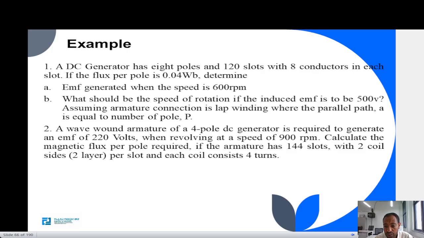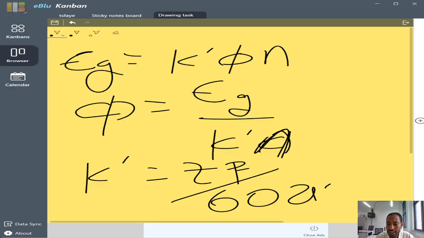It is a wave winding. If it is a wave winding, A is equal to P, so we know A. What is Z is the question.